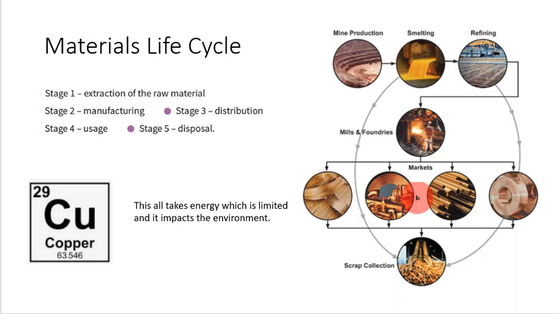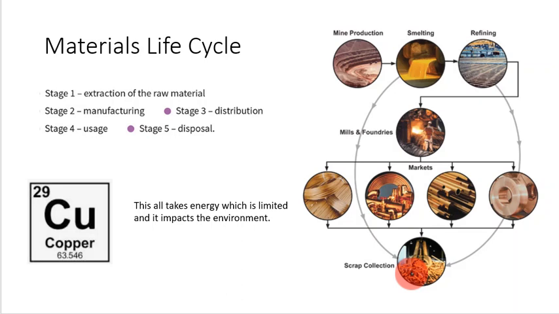So all of that is having an impact on the environment, and it's also using up limited sources of energy. And then at the end, maybe not so much with copper, but if you take, for example, a can of Coke, the aluminium in a can of Coke has to go through the same process. That aluminium then has to be disposed of. Ideally you want to recycle it as opposed to just sending it straight into a dump, into landfill.